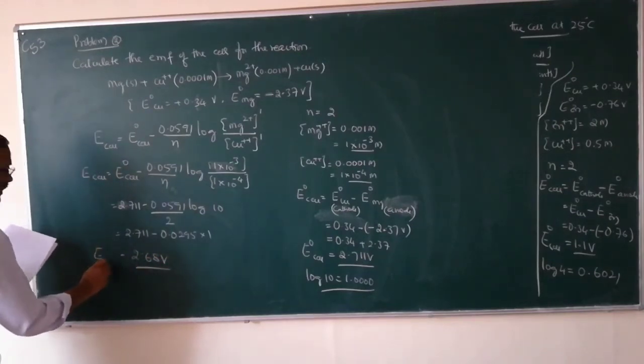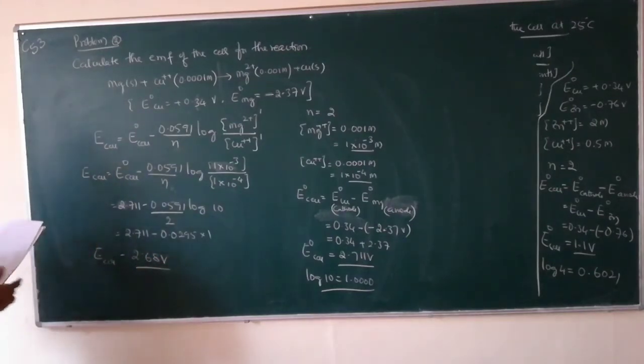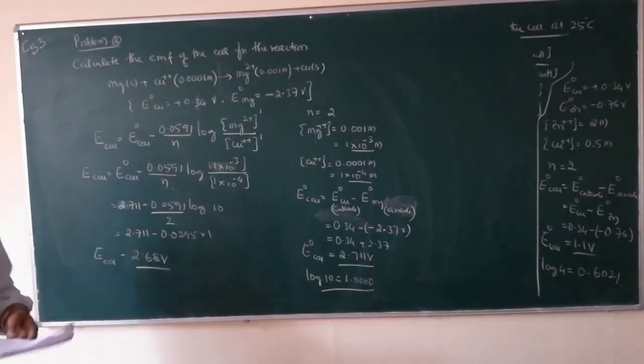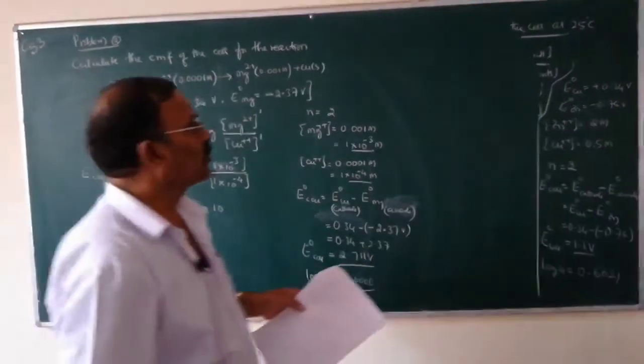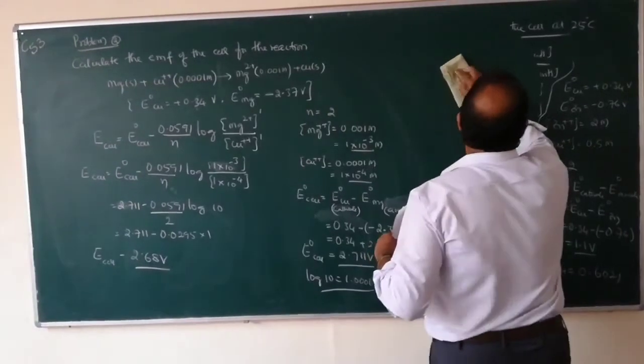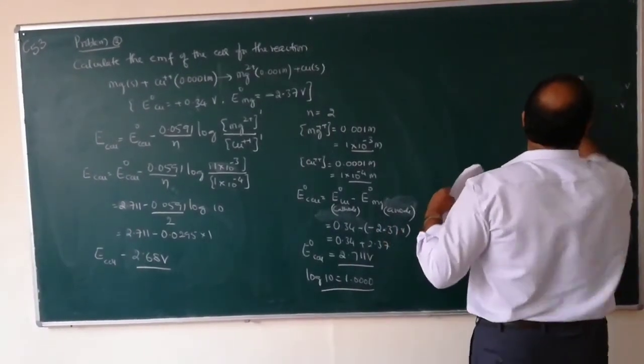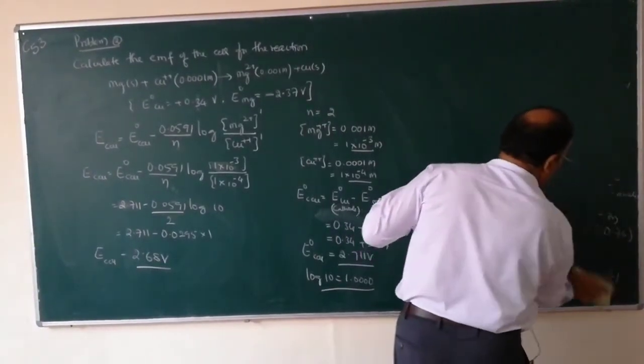So this is E cell. This is how we can do problems to calculate cell potential.